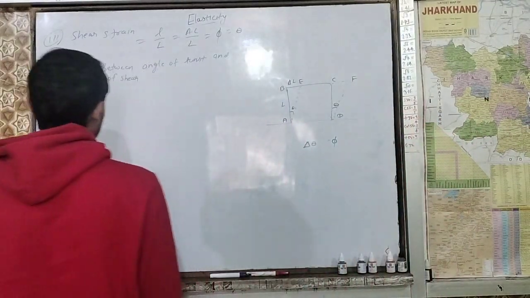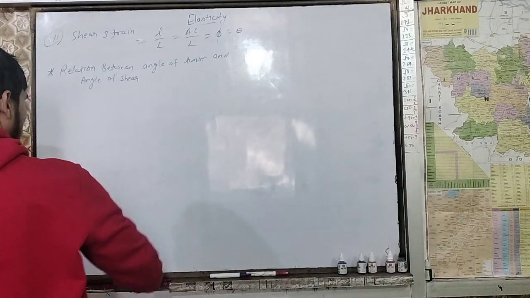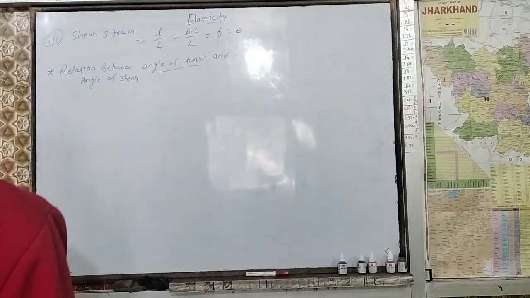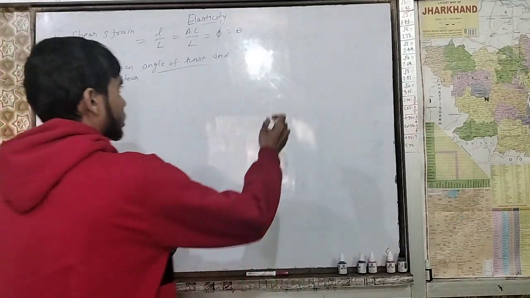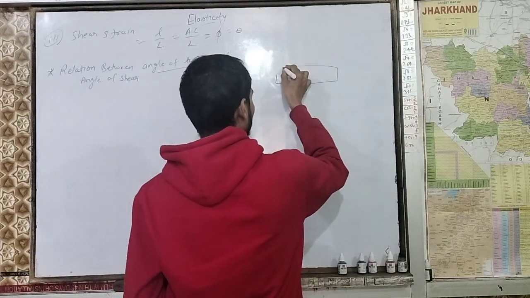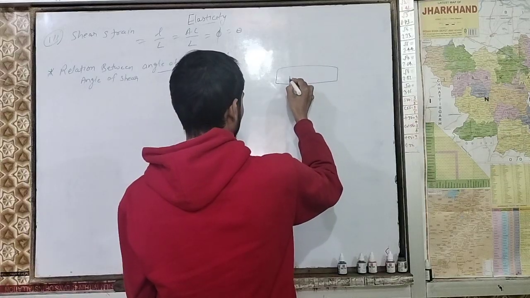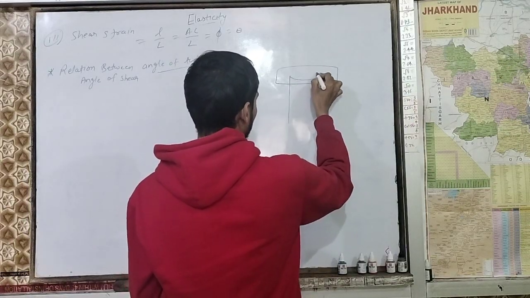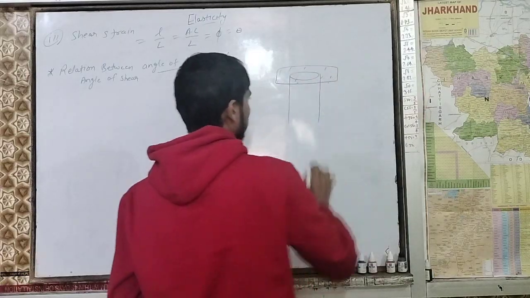Let me erase this figure so that we can understand this. Our focus should be on angle of twist and angle of shear. So the figure for this is like this. Let's suppose we have a roof, and there is a hollow cylinder or sphere which is attached with this roof.